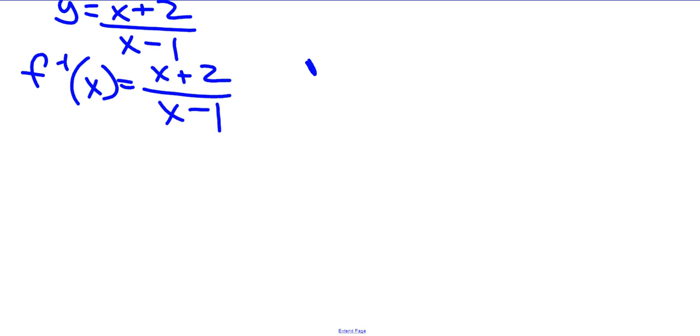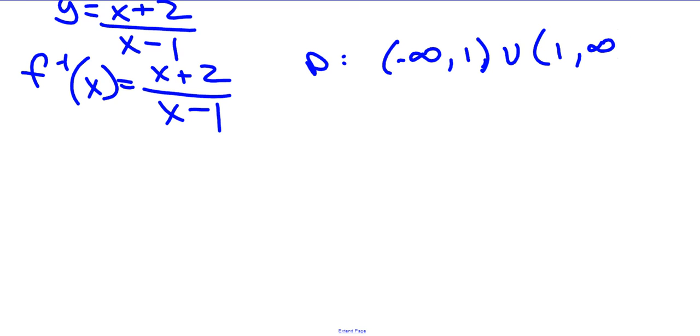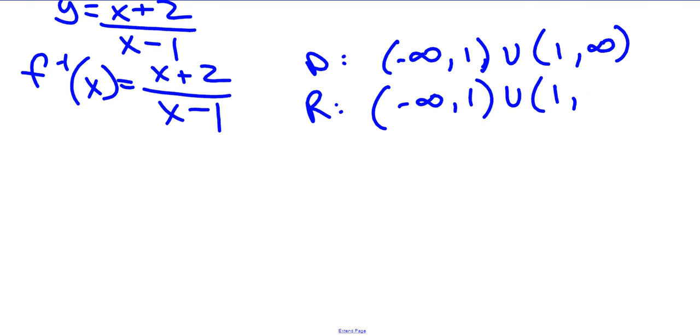So the domain and the range of both is from negative infinity to 1, union with 1 to infinity, and that's the same as the range for the original and the inverse because they are the same function.